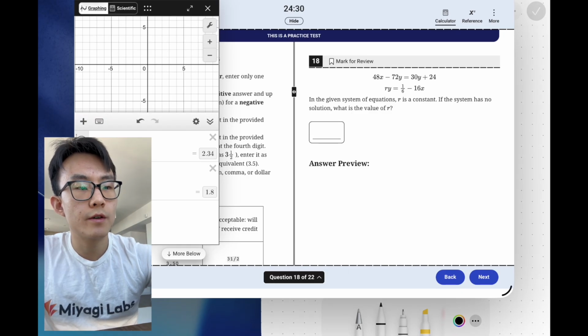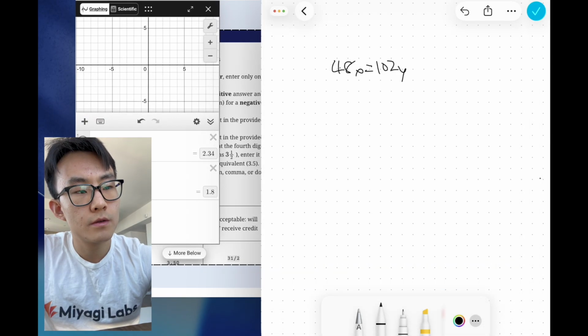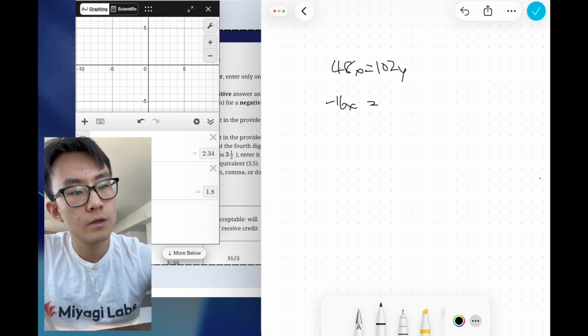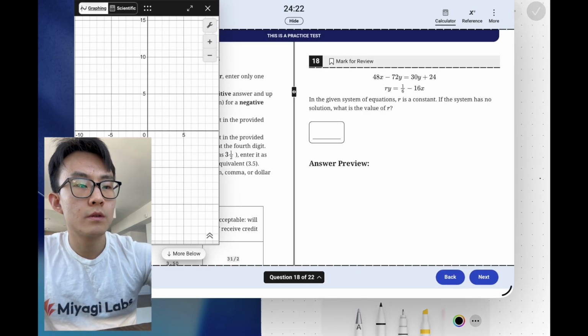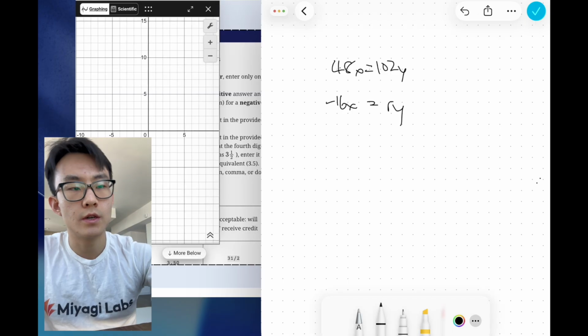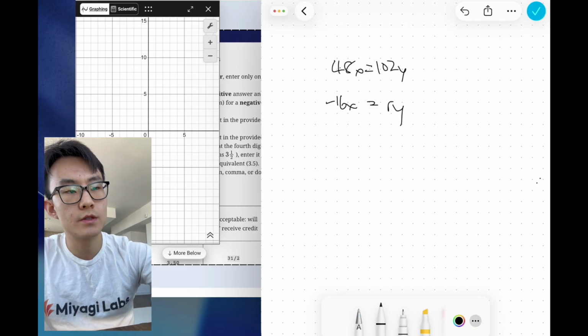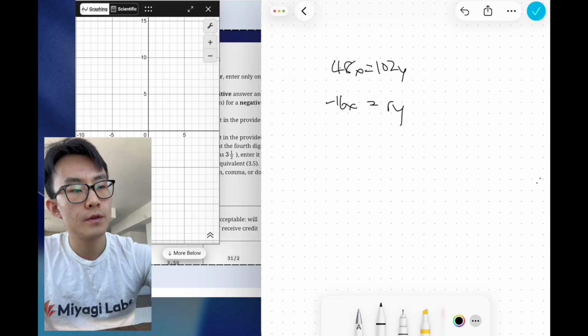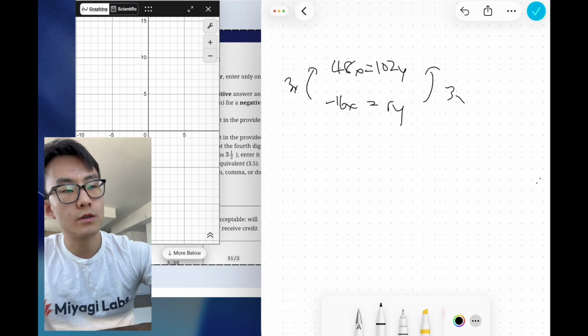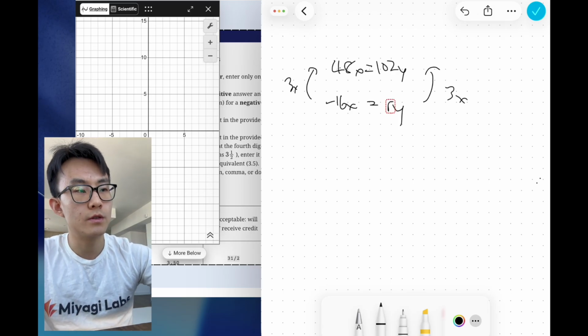And then here we have ry equals negative 16x. And then there's constants, but we don't really care about the constants. So basically this has to be proportional. So this is 102 over 3. This is like 3x. So 102 over 3 is 34.